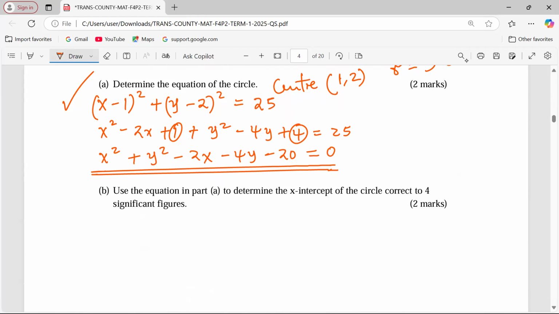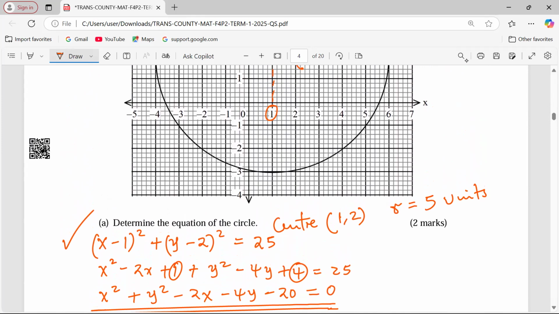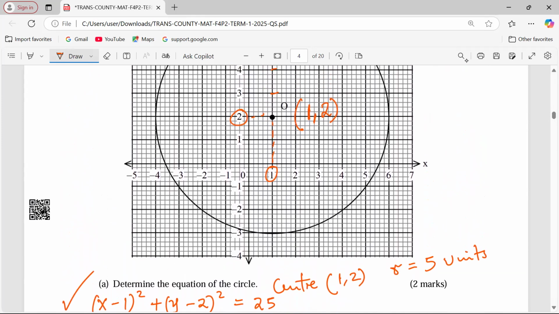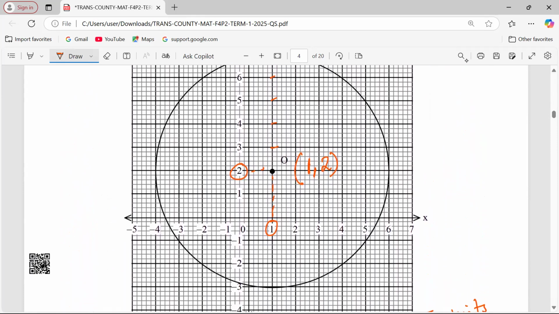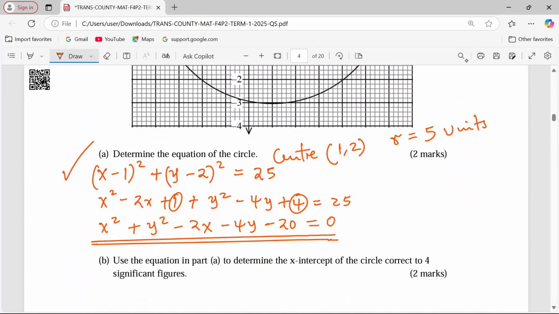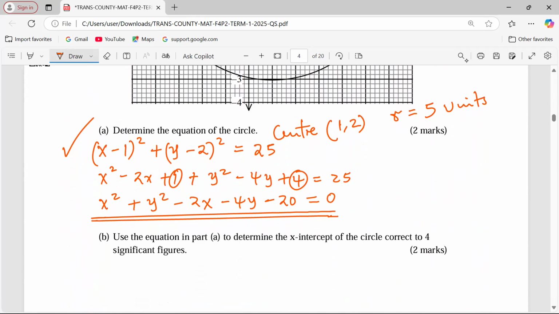Now, the x-intercept of a circle is the point where the circle is cutting the x-axis.